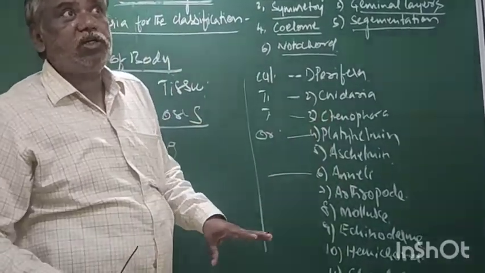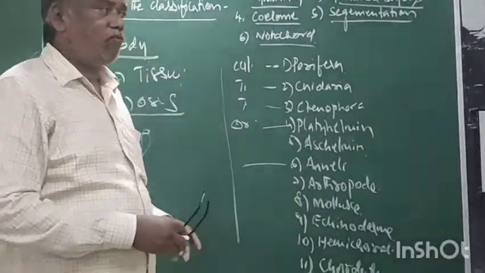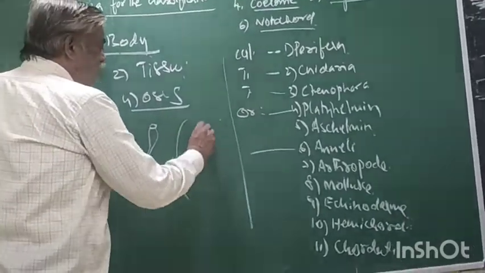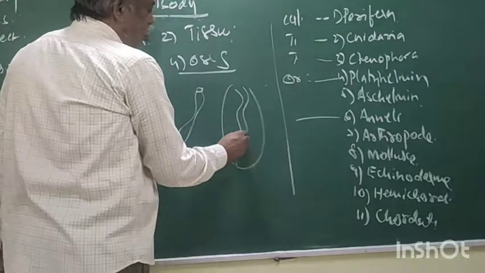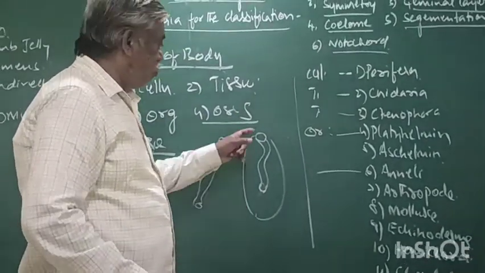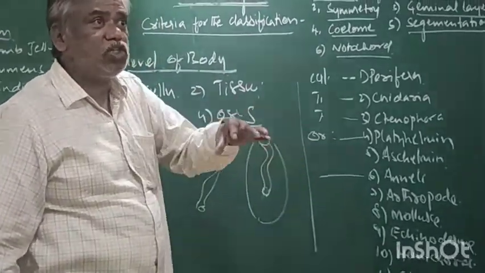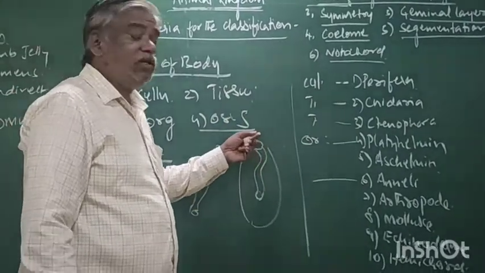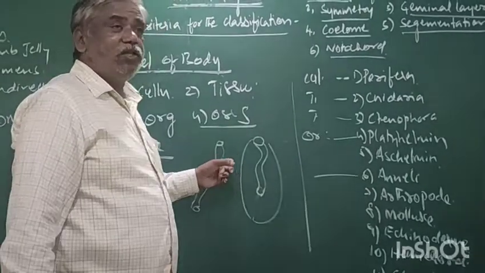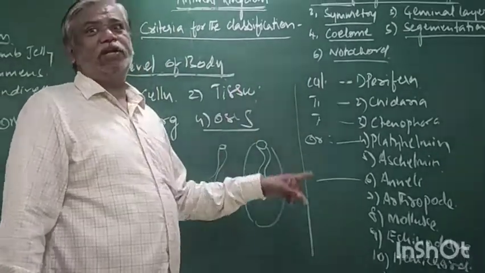Some metabolic activities take place at organ level, some at organ system level. If you take Platyhelminthes, the digestive system has an alimentary canal, but there is only a single opening. The mouth also acts as anus, so ingestion and egestion both take place through the mouth. Based on this, the digestive system is incomplete due to the absence of anus.